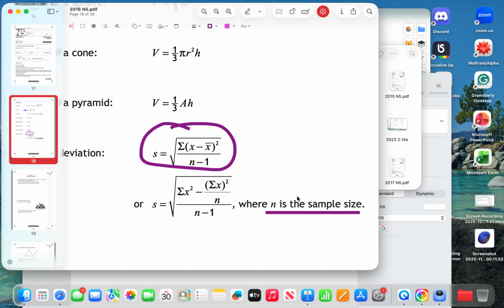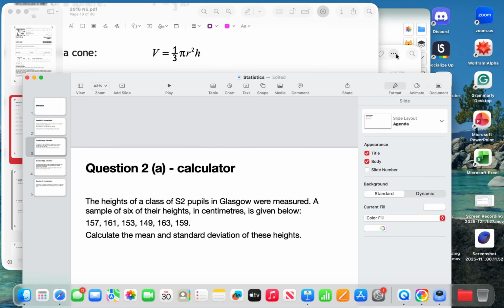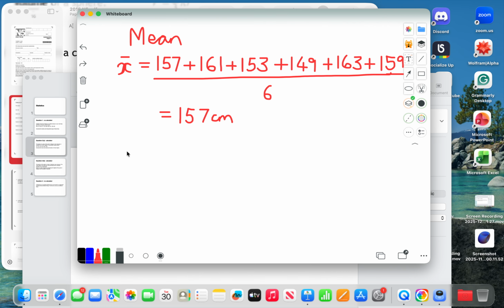Let's first of all find x minus x bar for each of the values in the sample. So you've got your table. X is each value in the list. X bar is 157. So we have to find how far each value is from the sample mean, the distance between the value and 157.